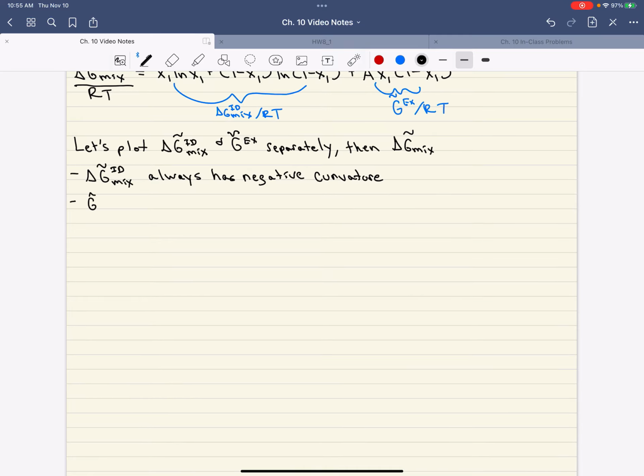The excess Gibbs energy, at least for the one parameter Margules equation, where our A values are positive, we saw that they have a positive curvature that increases as A increases.